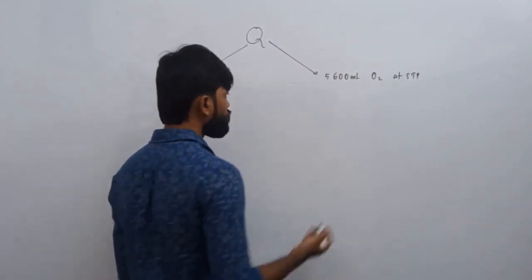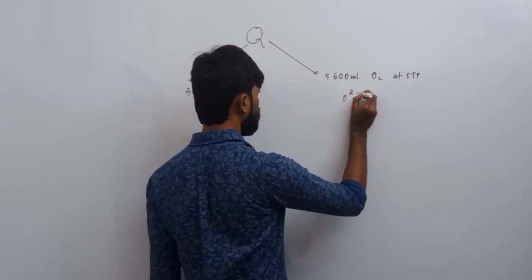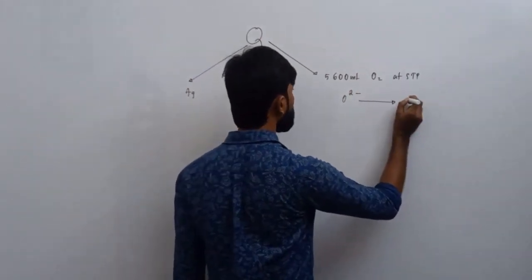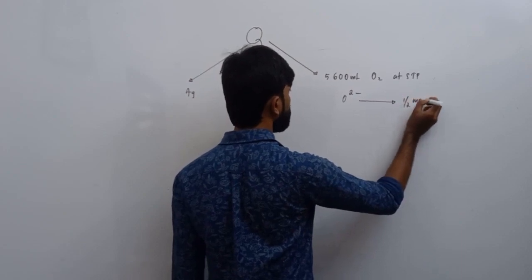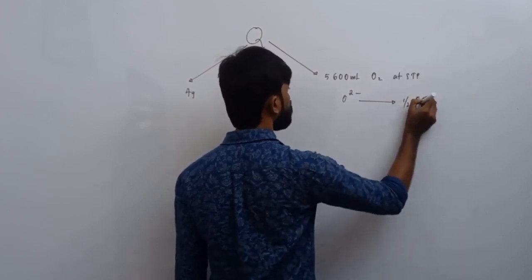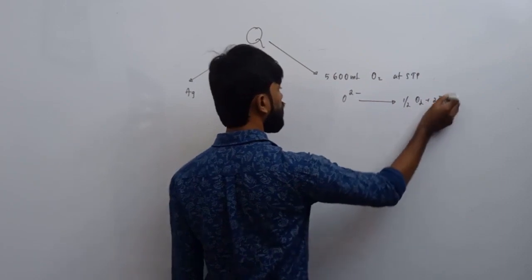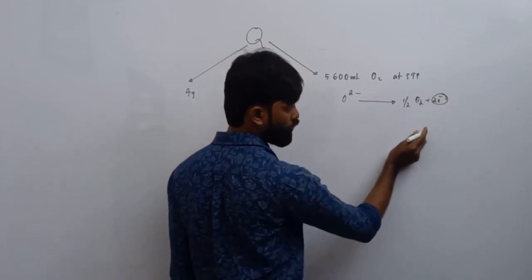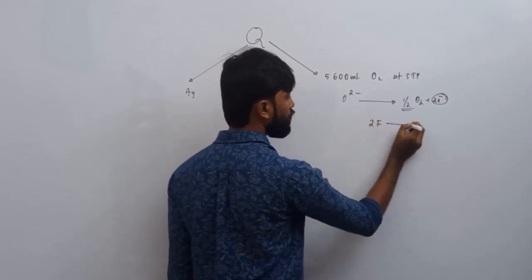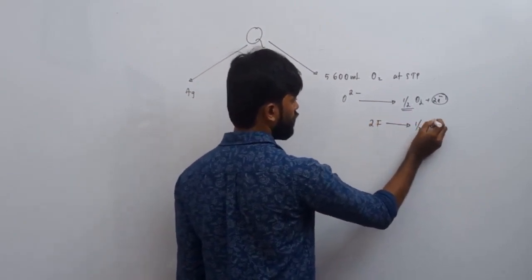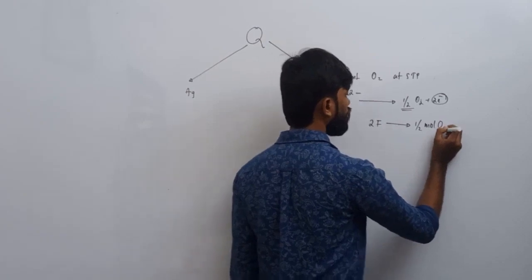Fine. So we know that O2 minus, when it becomes oxidized, becomes half O2 plus 2 electrons. It is clear that the electrons involved are 2 and the coefficient is 1 by 2. So 2 farad supplied, half mole O2 oxidized.